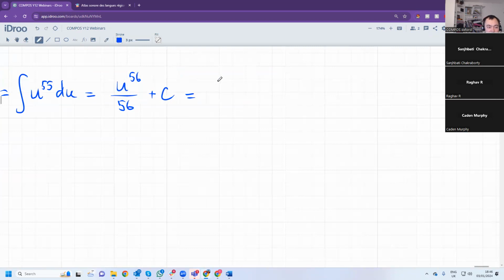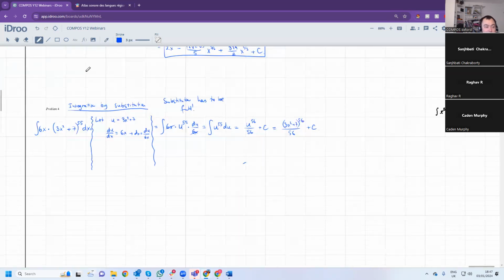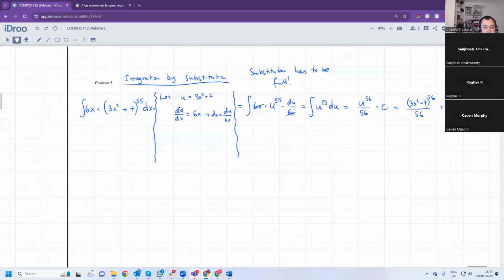So it's going to be 3x squared plus 7 to the power 56 over 56 plus c. Ta-da! We've just found the integral of this expression using a substitution.